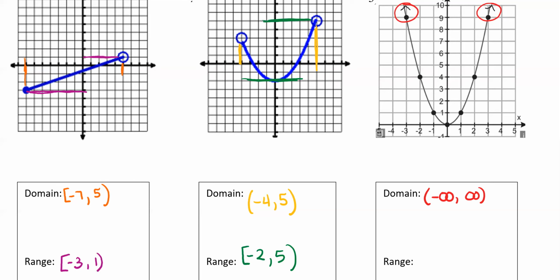But this graph is defined for all x values. So if I wanted to put in or look at -5, this graph would continue up and I could get a value for it. The range, the smallest value of y is at 0. And it continues to infinity. So the range is from 0 to infinity.